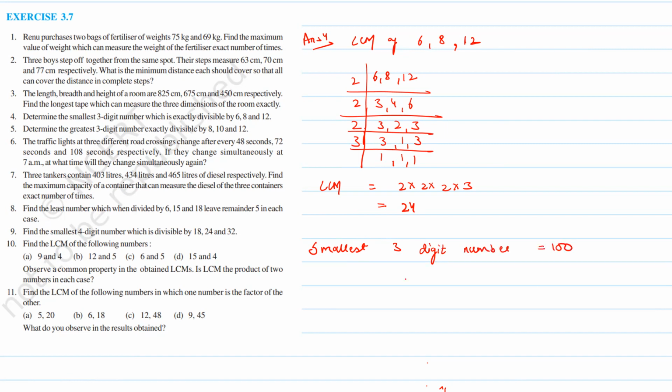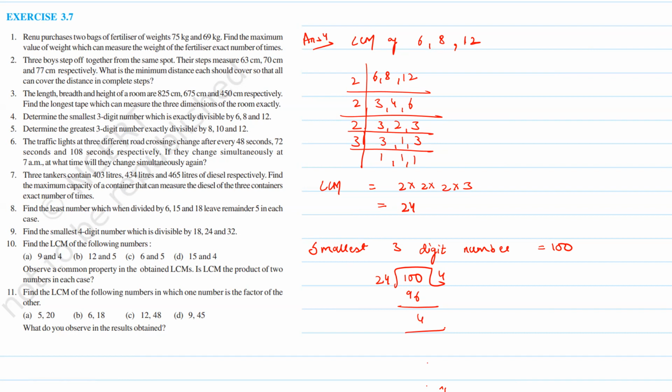Divide 100 by 24. What will it give you? We know that 24 fours are 96, so 4 is the remainder.